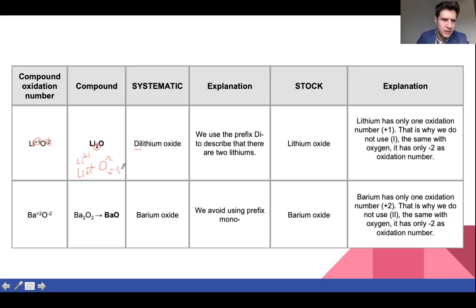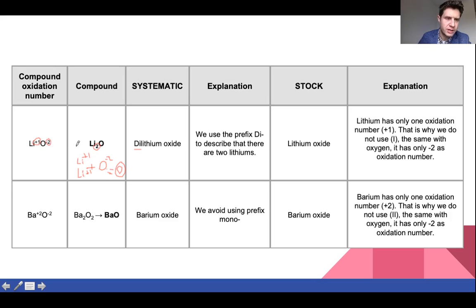Okay, this is the way that the molecules are stable. They are looking for being with another element to find their valence. The valence is when you sum all the oxidation numbers and it equals 0. That's when a compound is stable.